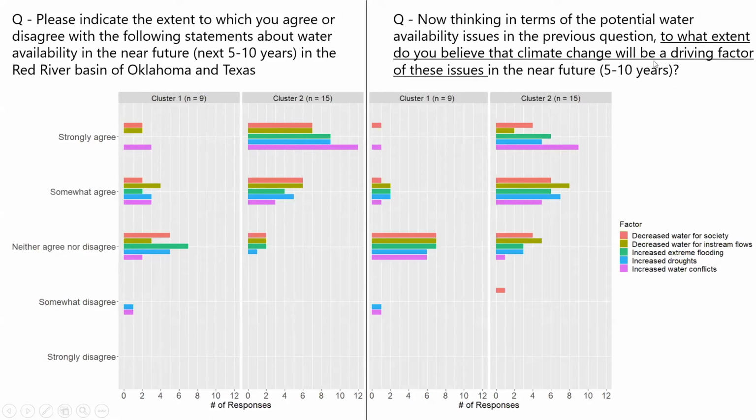But when we ask if climate change will be a driving factor of these issues, some folks shift down to taking a neither agree or disagree stance. And to a lesser extent in the second cluster, some folks did shift down to taking a neutral stance, but most of them stayed with yeah, climate change would impact those.